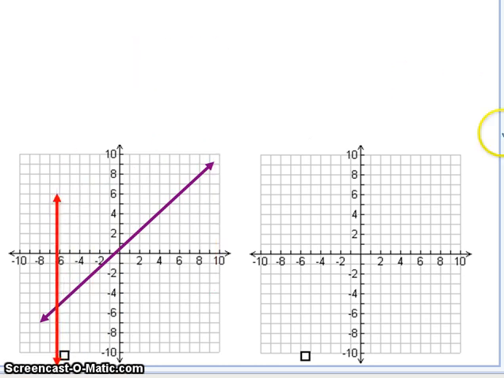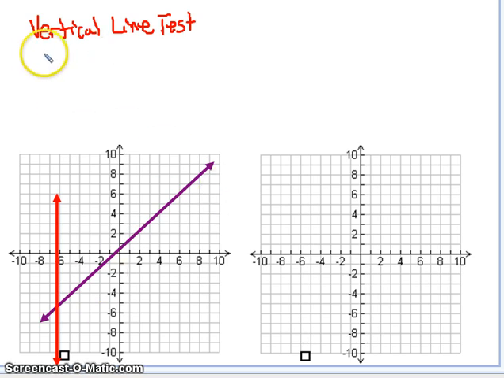So the vertical line test tells us that our purple function is a function. This relationship is a function. We're good.